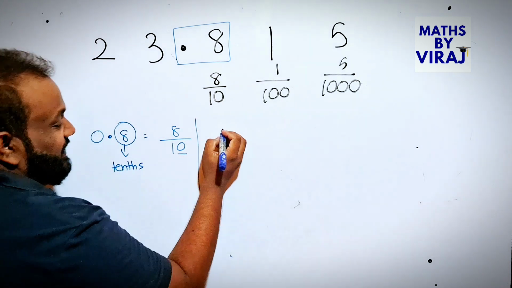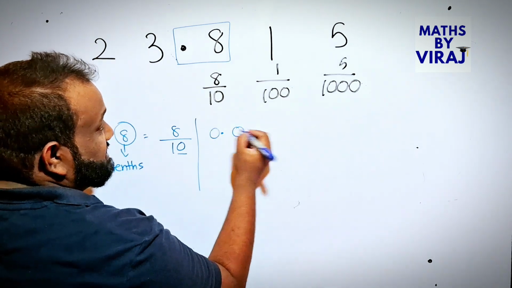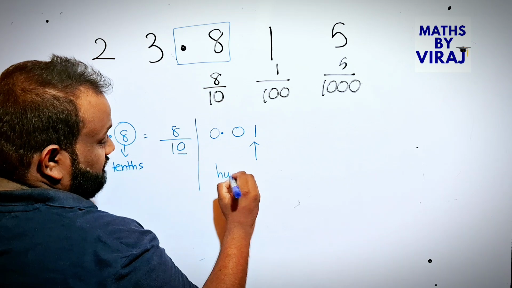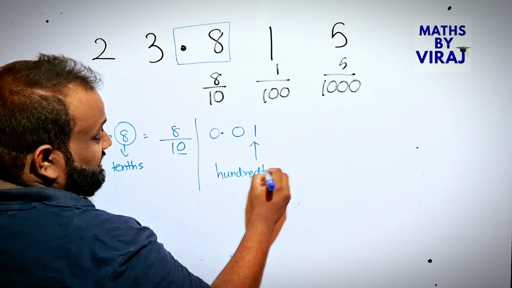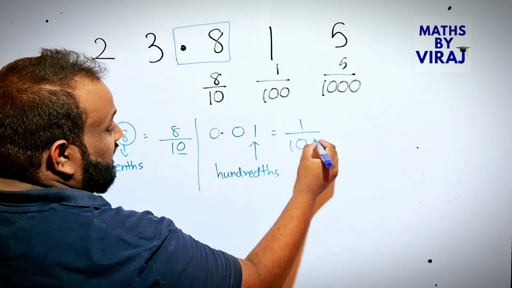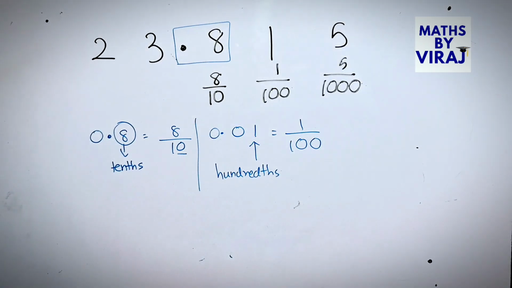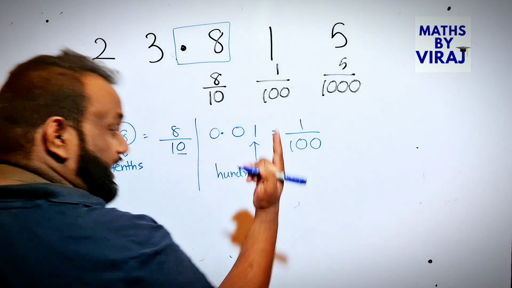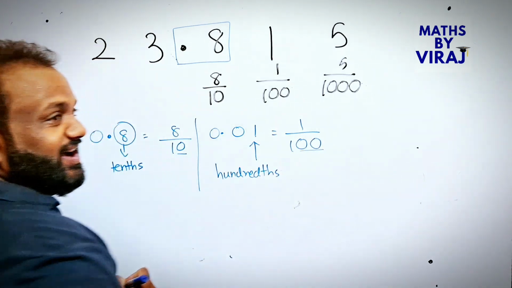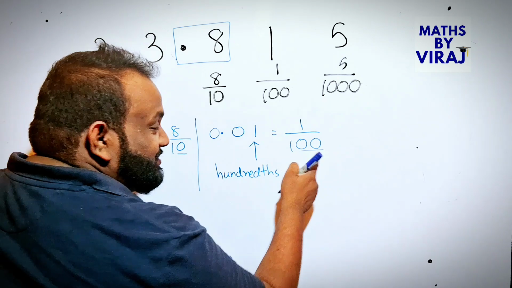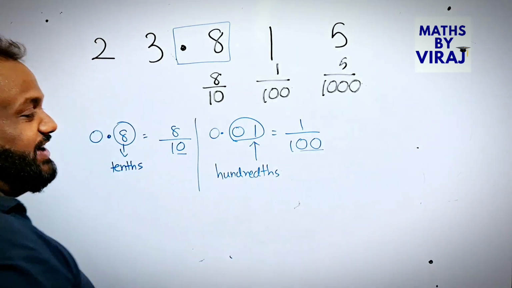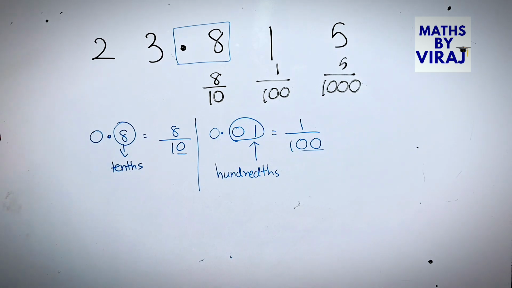Look at this. If I have 0.01, this is my what? Hundredths place. Therefore, it's like 1 over 100. How many decimal places should I have? 2. Why? 1 is divided by 100. 100 has 2 zeros. Therefore, how many decimal places should I have, children? I should have 2 decimal places.